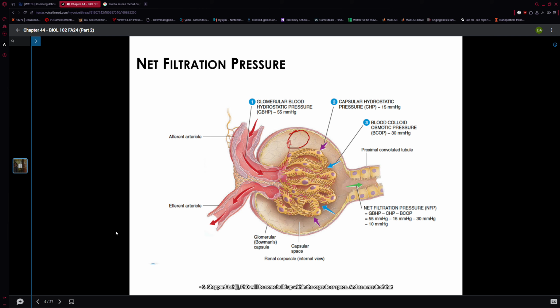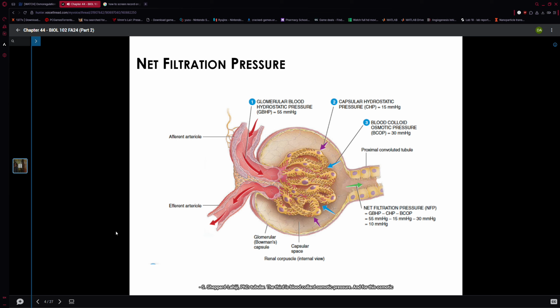As a result of that pressure, some filtrate will move back into the capillaries. That movement backwards is an opposing force of filtration because it is not contributing towards the filtrate that exits out into the renal tubule.